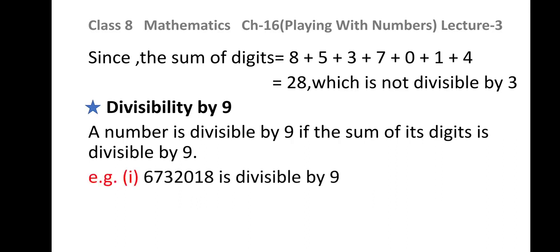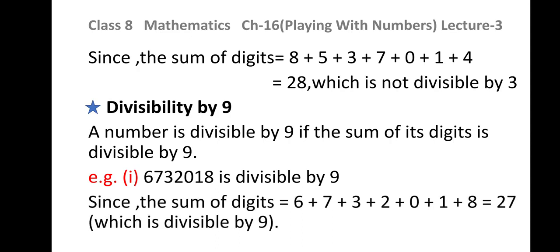So let us take this example. This is the number given to you and you need to check whether this number is divisible by 9 or not. Again, we need to take the sum of the digits. So sum of the digits will be 6 plus 7 plus 3 plus 2 plus 0 plus 1 plus 8, which will give you total as 27 and which is divisible by 9. So we can say the given number is divisible by 9.